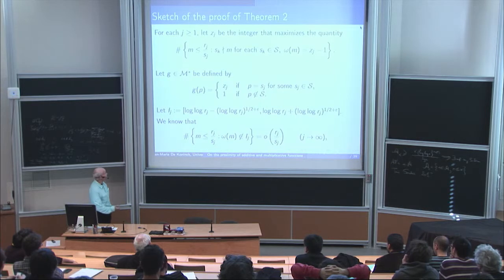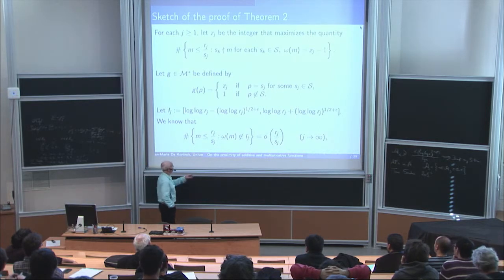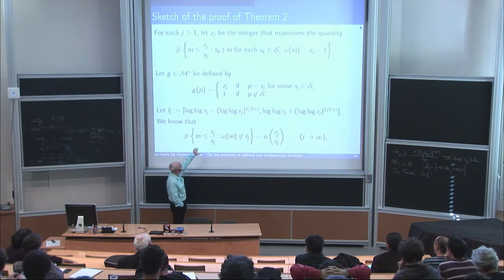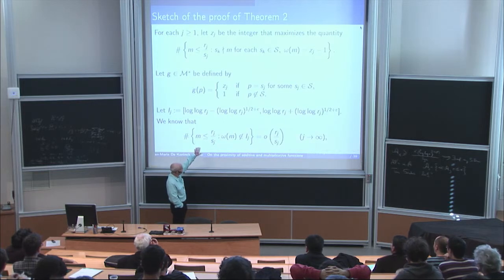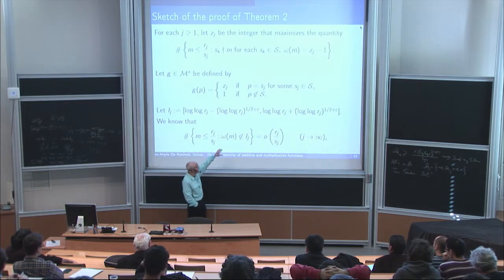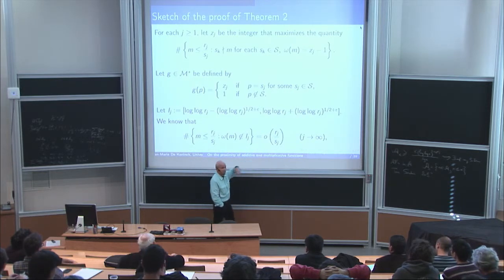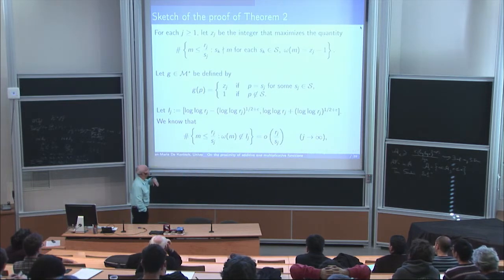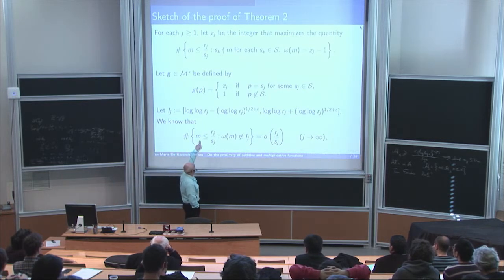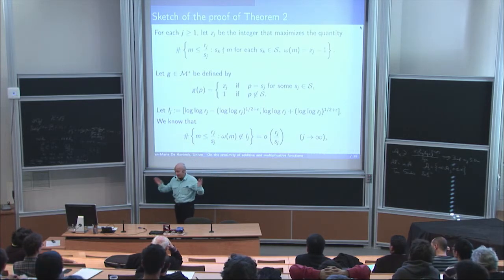Again, we know that the number of integers smaller than rj over sj for which omega of n is outside of that interval is small. Now, some of you might say we don't have log rj over sj everywhere here, we just have rj. But it doesn't matter.